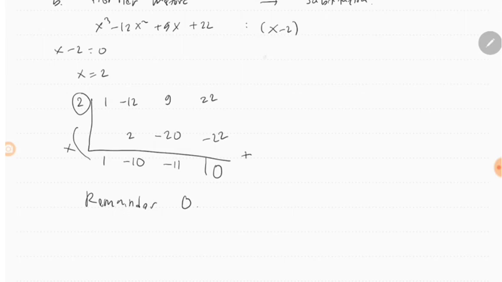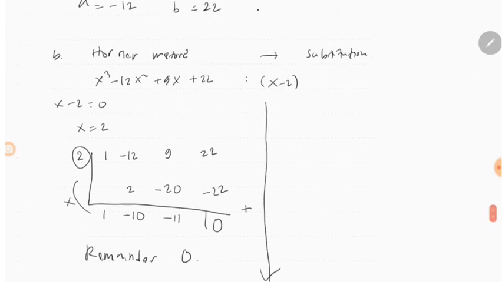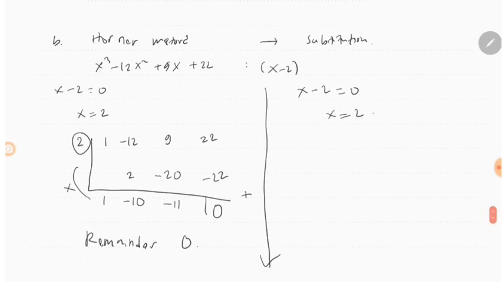This is the first way you can use. And the second way is substitution. How do you use substitution? First, when x minus 2 equals 0, our x equals 2, right? After that, you just substitute 2 into the function. For example, we have 2 cubed minus 12 times 2 squared plus 9 times 2 plus 22. It means we have 8 minus 48, because 2 squared is 4 and 4 times 12 is 48, and then plus 18 and plus 22.